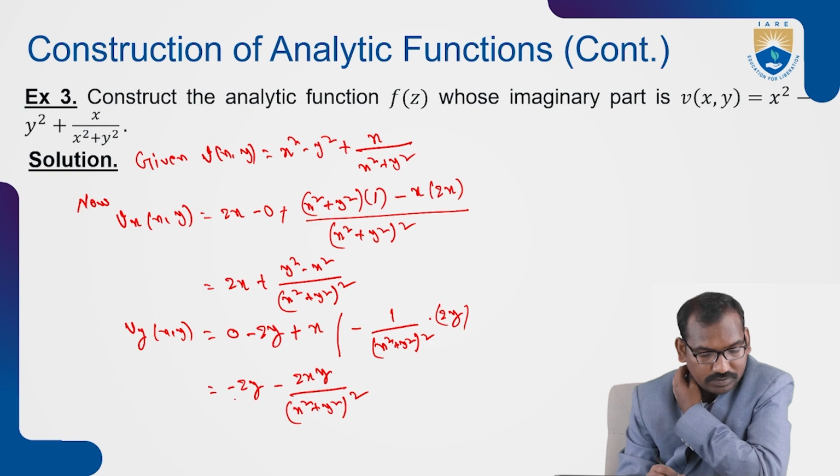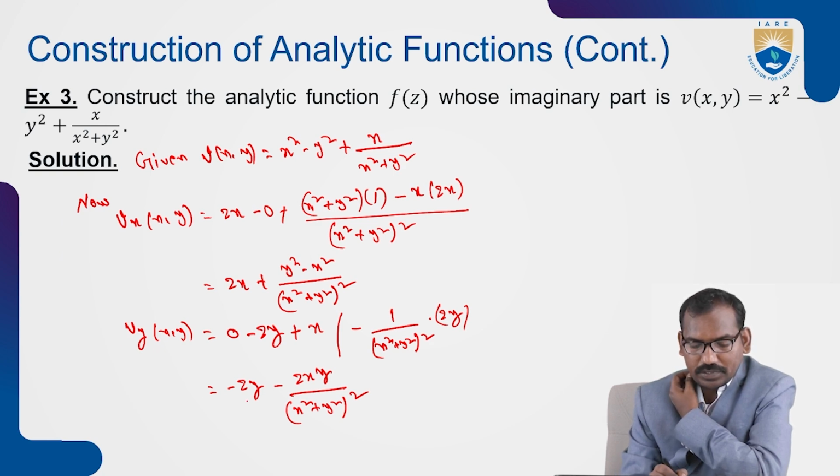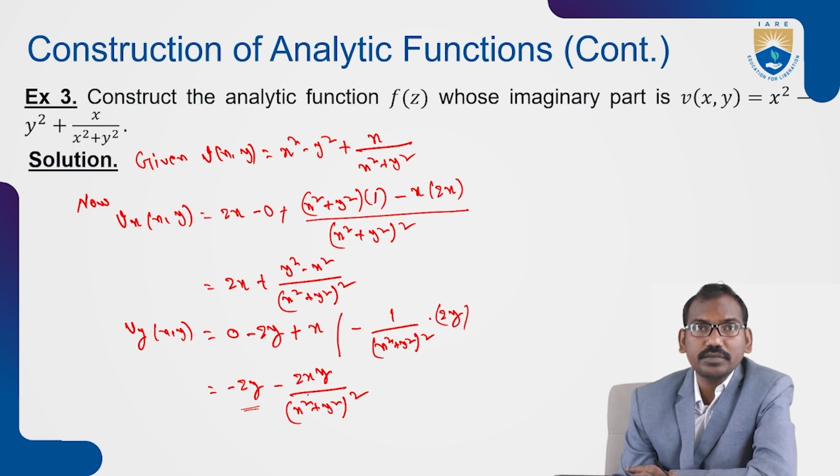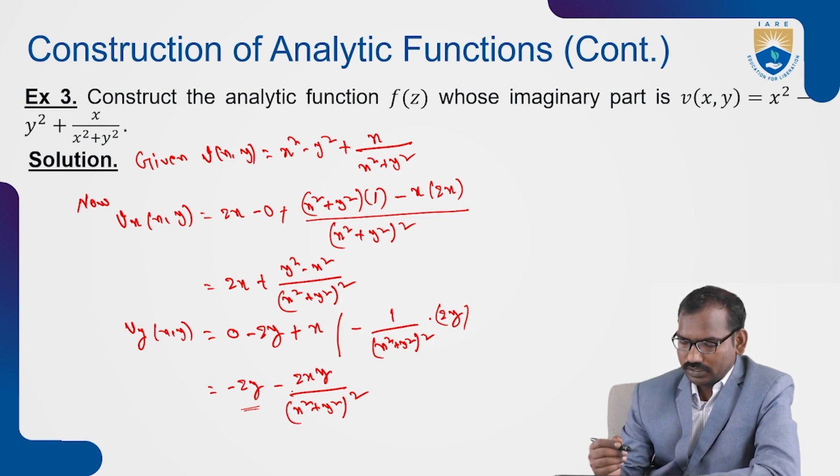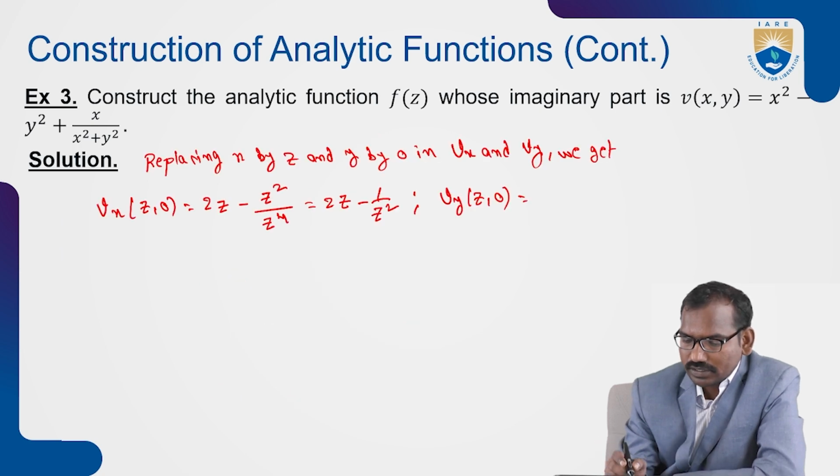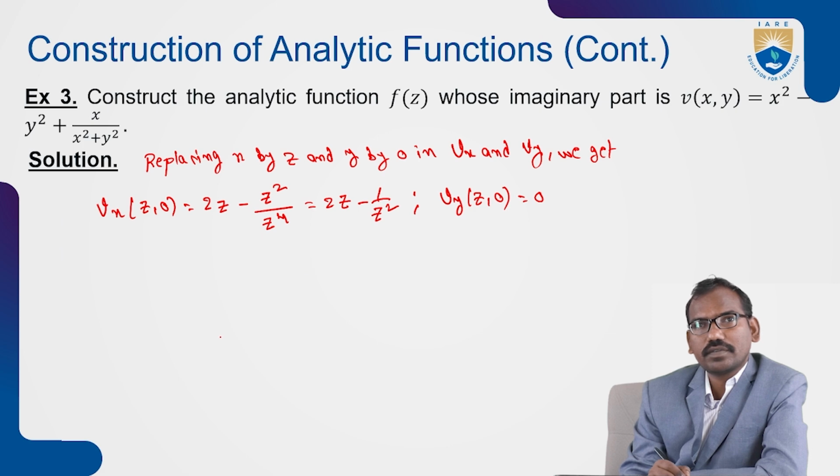See here, in v y we replace x by z and y by 0, because in the first term y is multiplying. So the first term becomes 0 and the second term is also y multiplying. Okay, so both terms will give 0. That's why I can write v sub y at z comma 0 becomes 0.